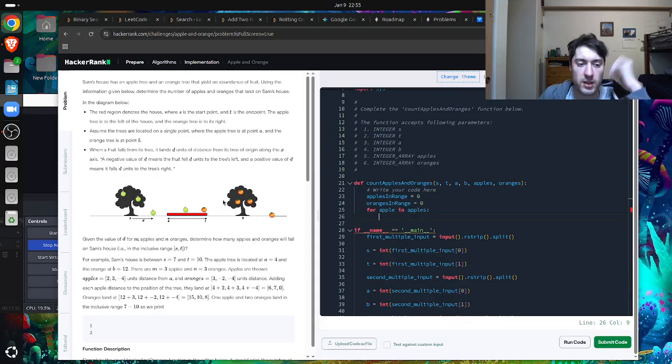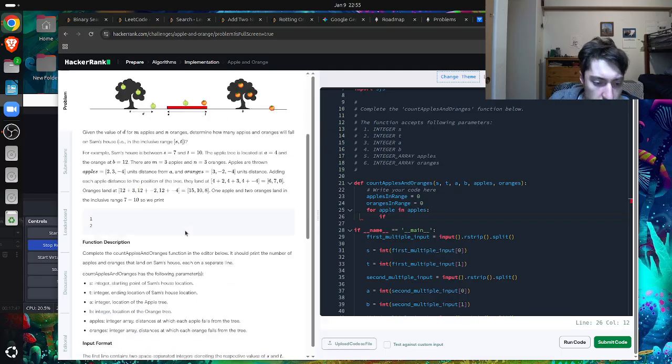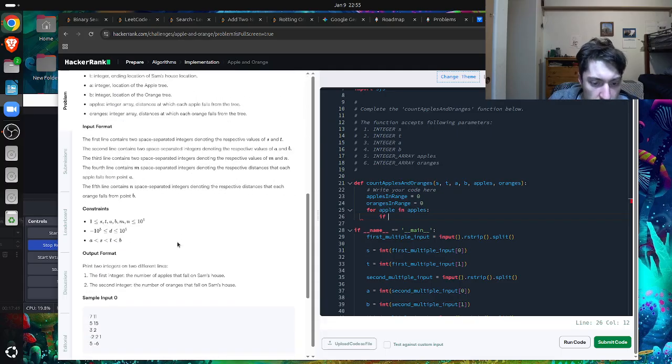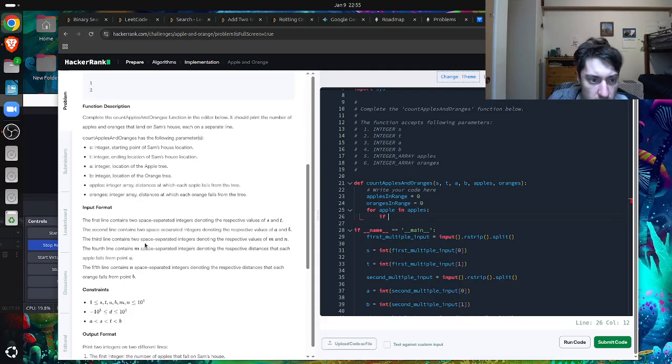Now, what do I want to say? Apple tree is here, and I want to say if the distance is, so this is to the right. This should be an integer array, right? Apples, integer array distance at which the apples fall from the tree.